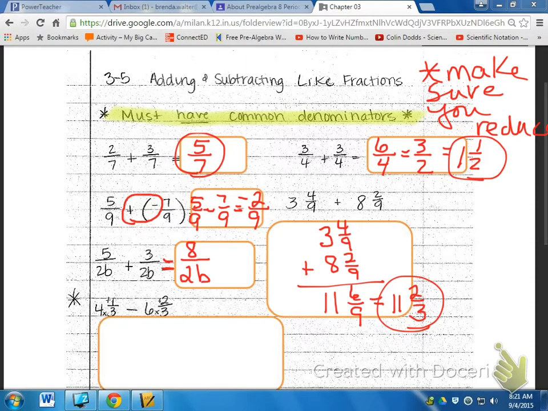Is there anything you think we can cancel out there, Stephen? 8 and 2 would reduce to what? 4 and 1. So when we write this final thing, what do you think it might be? 4/b. And that would be it.